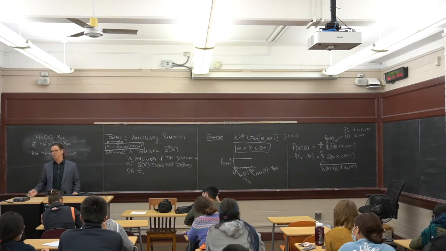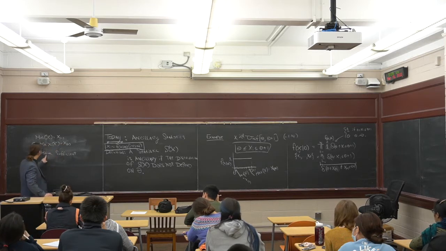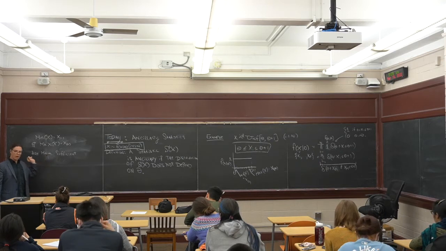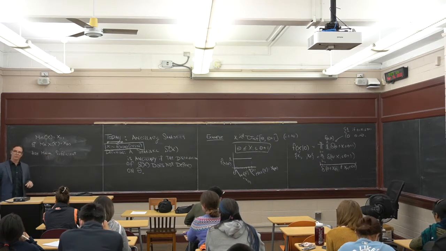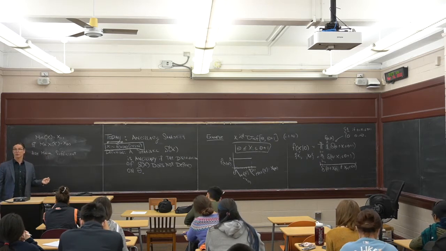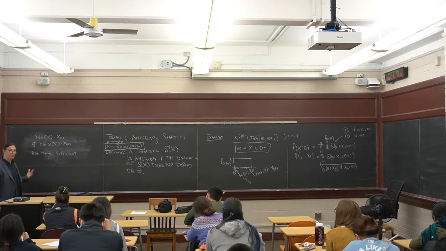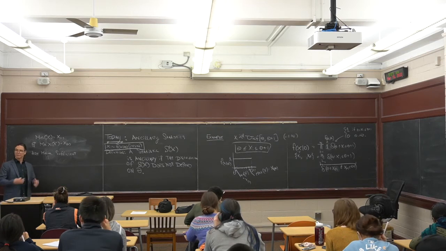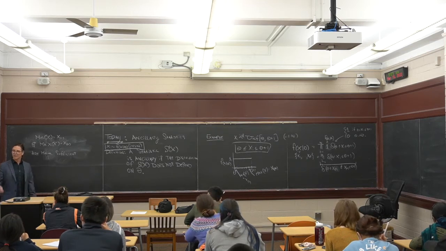And I'm never going to be able to reduce that any further. If you were to convince yourself that this is minimal sufficient, then I'll allow you to do what I just did, this mental calculation, and I'm already convinced that this is minimal sufficient. I'll allow you to do that for the rest of your career, so long as it's not on a midterm, your next midterm or your next final or your next qualifying exam. But once you've done it there, you are free to just do this as a mental exercise.